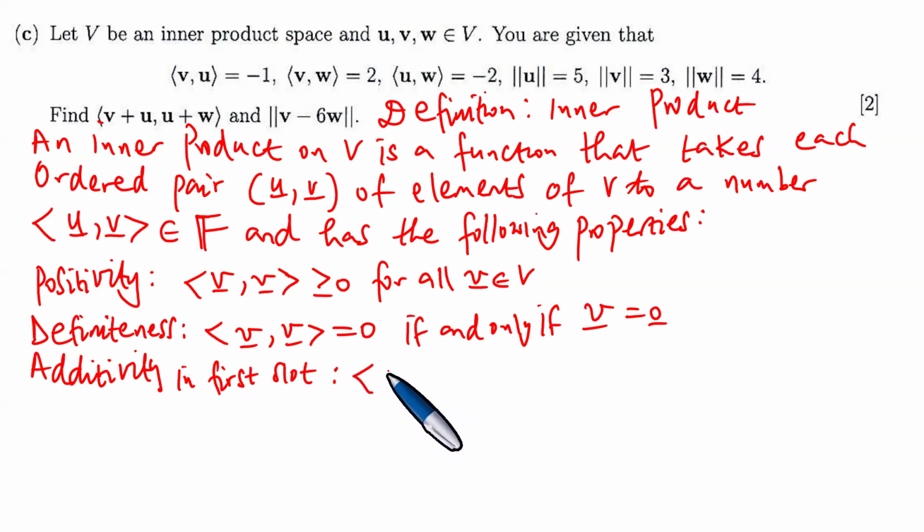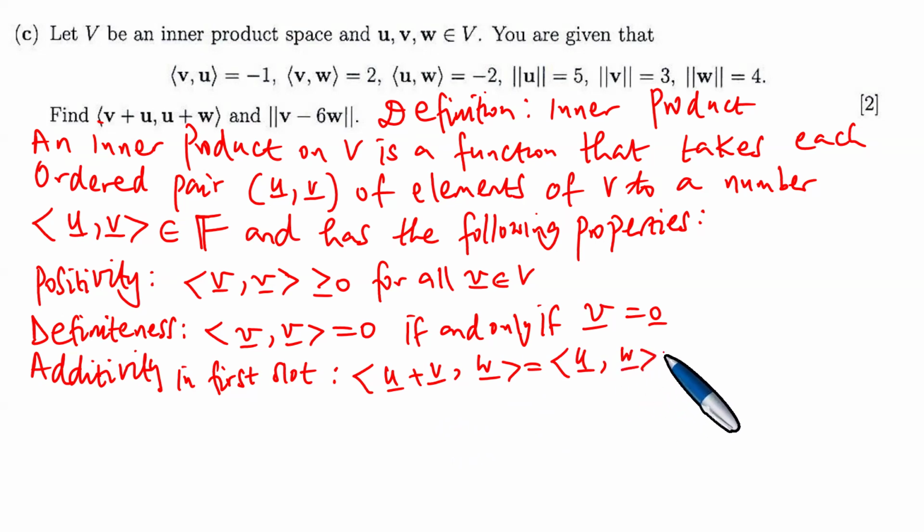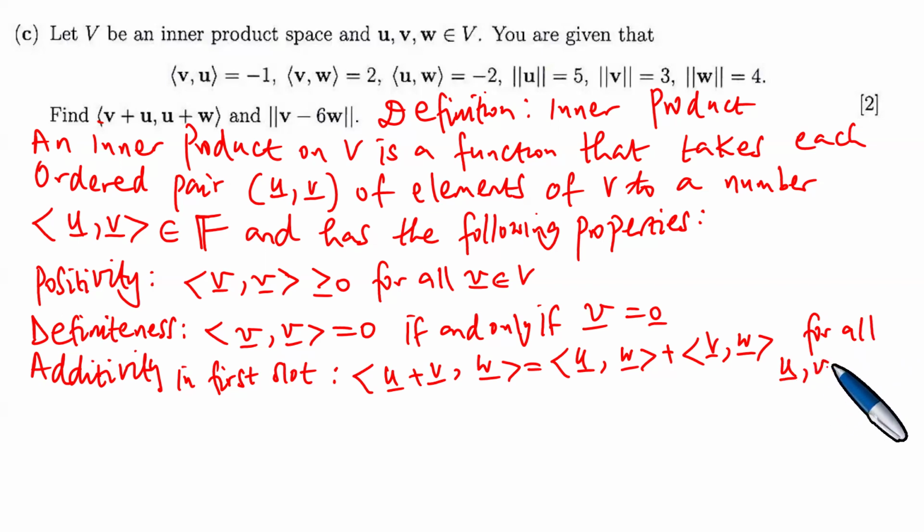So the inner product of vector U plus vector V with vector W is the same as the inner product of U and W plus the inner product of V and W. And this is true for all U, V, W in V.